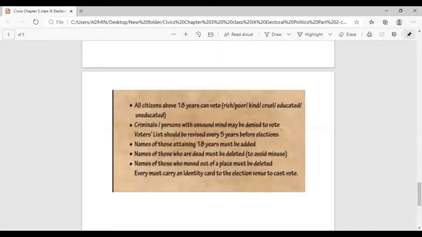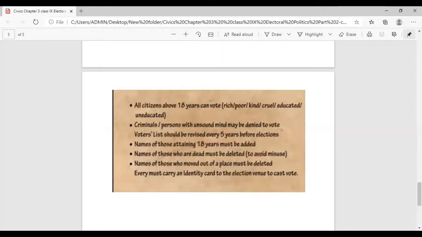Next, we discussed reserved constituencies. Some constituencies are reserved for people who belong to the scheduled castes and scheduled tribes. In the Lok Sabha, 84 seats are reserved for the scheduled castes and 47 for the scheduled tribes. In a scheduled caste reserved constituency, only someone who belongs to the scheduled caste can stand for election.